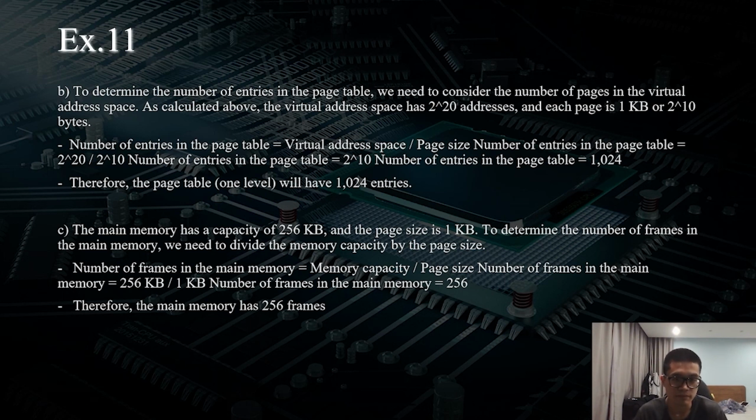We will have the function that the number of frames in the main memory equals the memory capacity divided by the page size, which equals 256 frames. So the main memory has 256 frames.